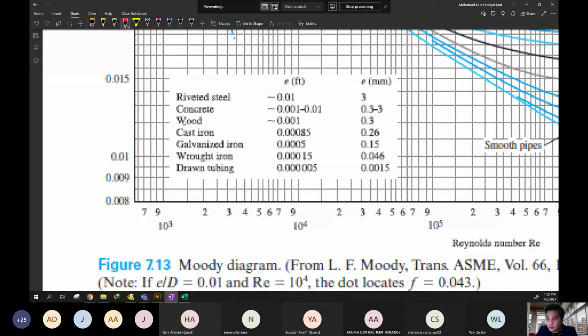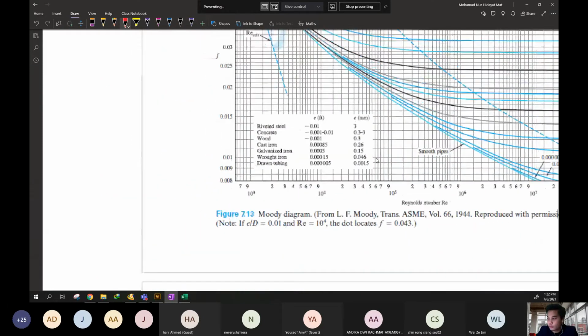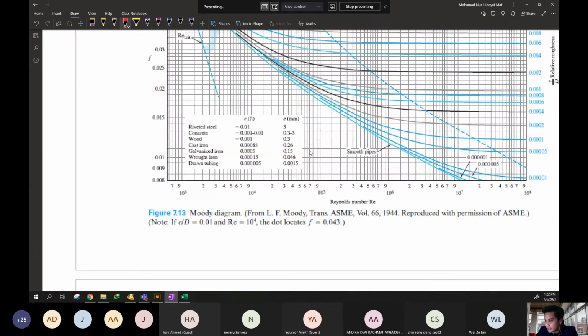When the pipe is made of wood, the roughness, measured in millimeters, is 0.3. The same goes for the rest of the materials. Rough iron is 0.046 millimeter. When you use it in the equation, please use meter as the SI unit. I hope you are clear about this.